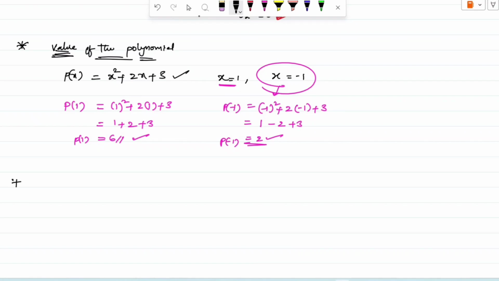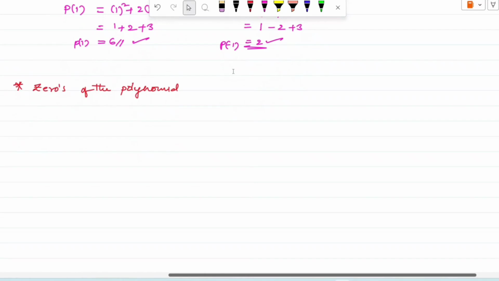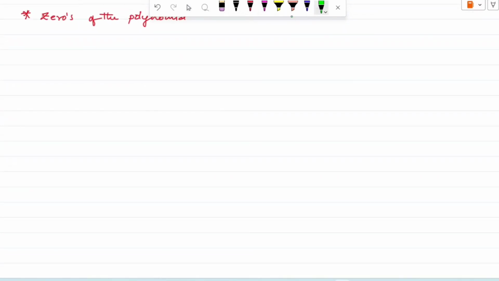Based on this concept we have another one, called the zeros of the polynomial. What is meant by zeros of the polynomial? This concept is very important at CBSE level.